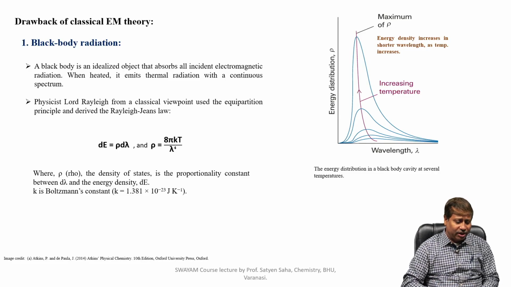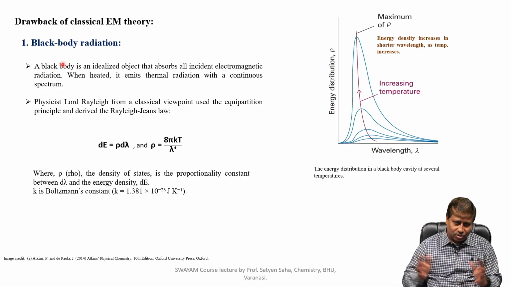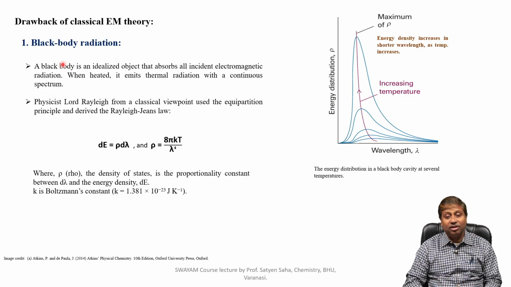In the black body radiation experiment, what is a black body? A black body is an object that absorbs all kinds of radiation, and when it is heated, it emits all kinds of radiation back. Now, the physicist Lord Rayleigh, from a classical viewpoint, used the equipartition principle and derived the Rayleigh-Jeans law.